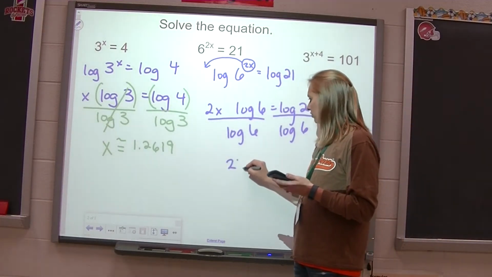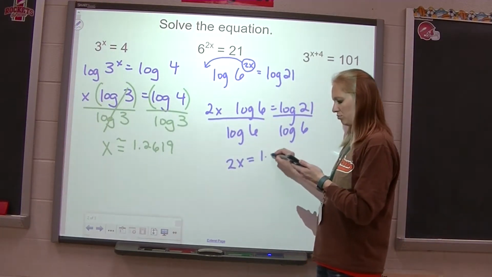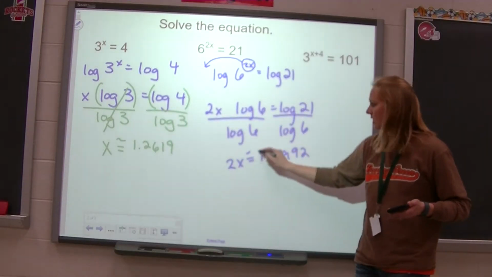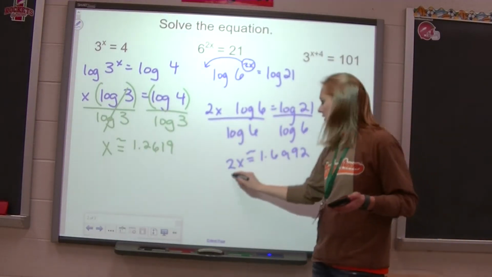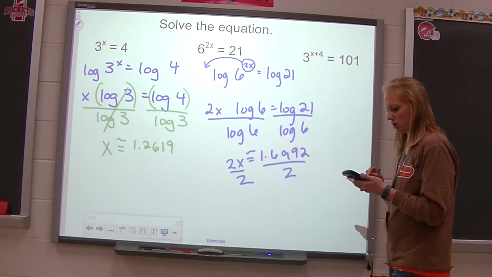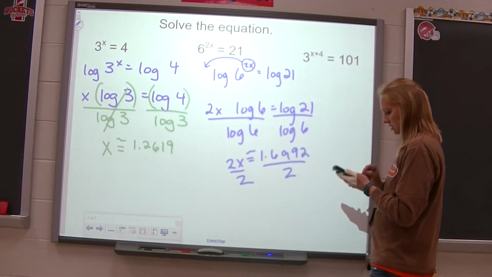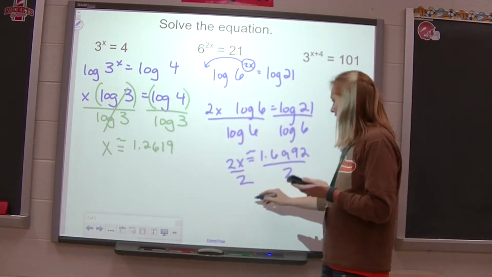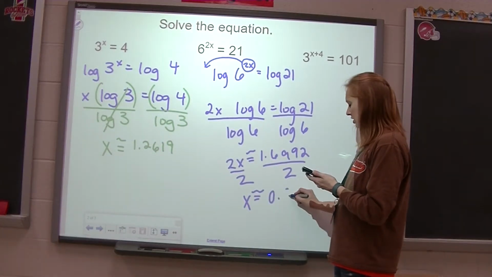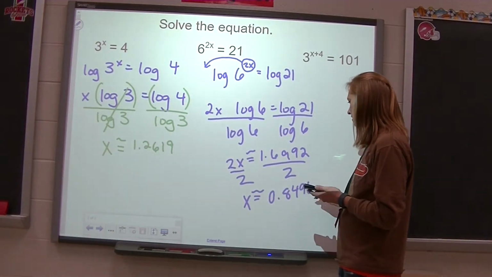Okay, so I get 2x equals 1.6992, rounded, so about. And that's what 2x equals, so I need to find what x equals. So I'm going to go ahead and divide both sides by 2. And doing that, I get x, again, is about 0.8496.